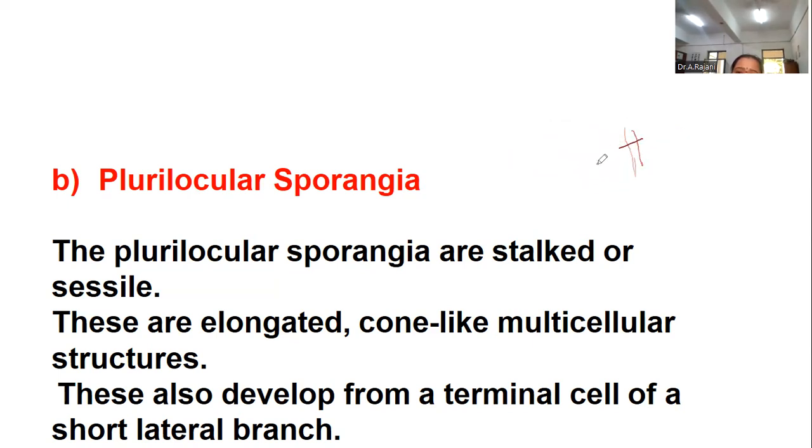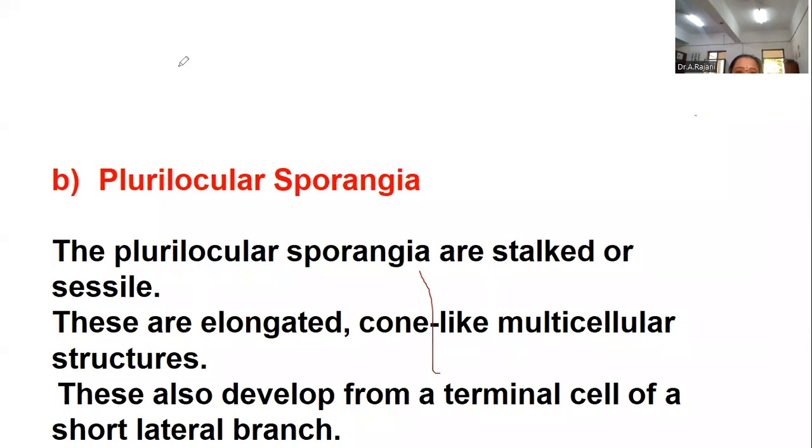In this box-like structure, each and every box is one locule. Each and every block is one locule. That is called the plurilocular sporangia. This cone-like structure is most important. The multicellular, cone-like multicellular structures are produced from short lateral branches.